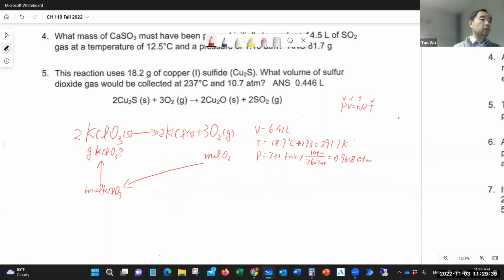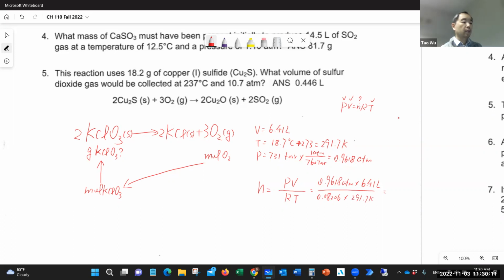So now first, let's work on how to get moles of gas. PV equal to nRT, so n should be equal to PV divided by RT. P is 0.9618 atmosphere, times volume 6.41 liter, divided by R, 0.08206, times temperature, 291.7 Kelvin.